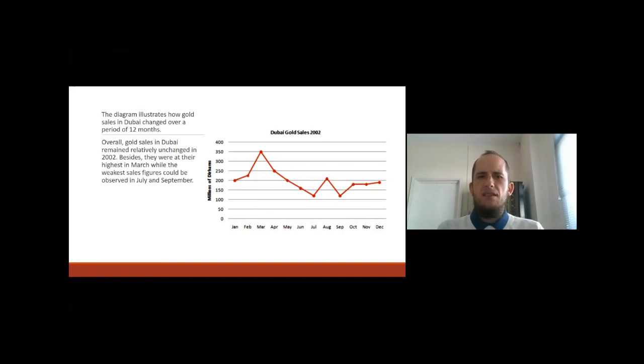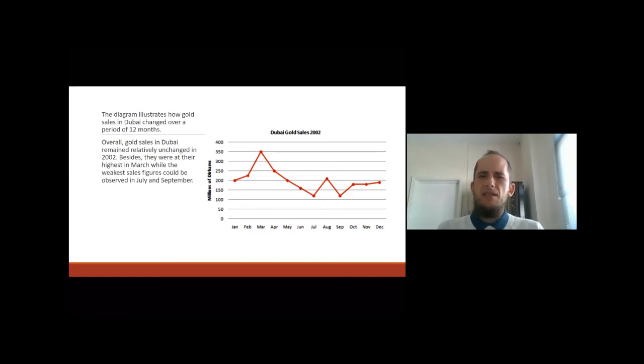Now, I took this actually from an IELTS book. Somebody had written it and said that this will get you a 9. But if we have a look at this overall trend, it's not even accurately written. So we've got overall gold sales in Dubai remained relatively unchanged.